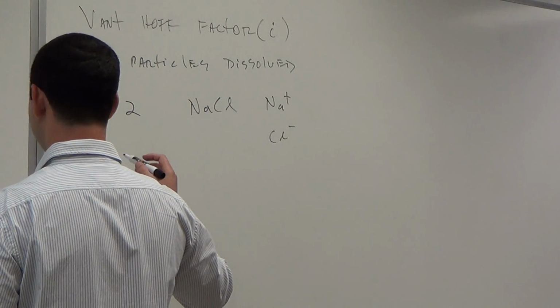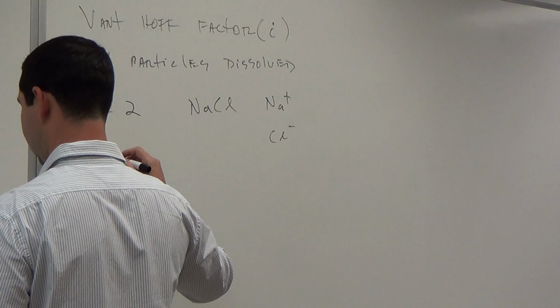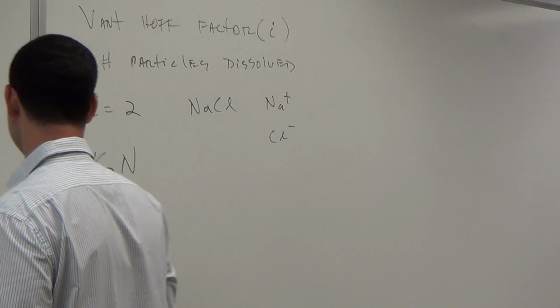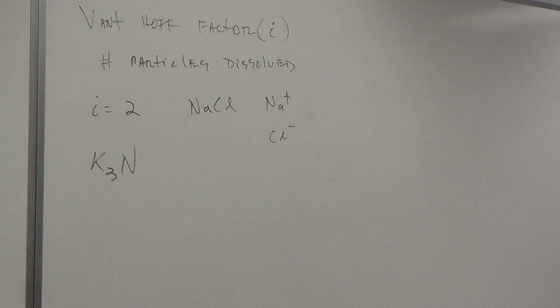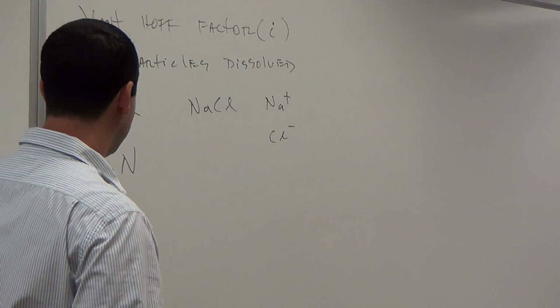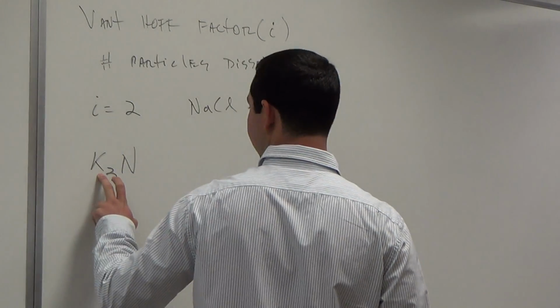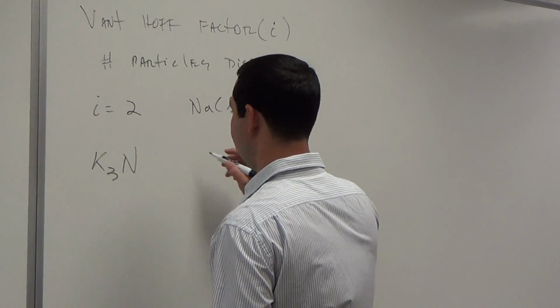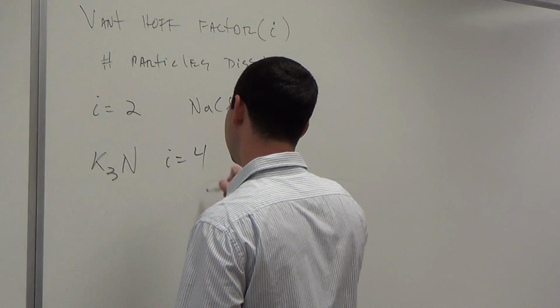So what is the Van Hoff factor for that? 4. This will break into 3 potassiums and 1 nitride, so we can say this is 4.